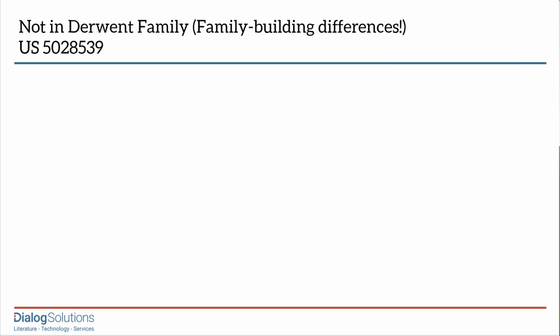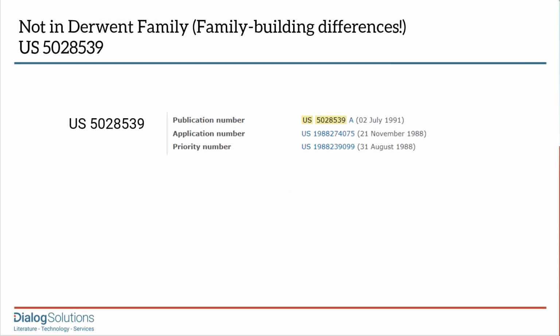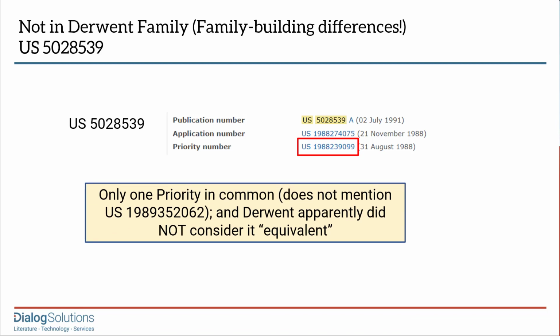5028539, there's a different reason why the Fulltext database includes it in the family with US 5 million, while Derwent does not. This patent does share one priority with US 5 million, namely the one that ends in 9099. But it does not share US 5 million's other priority, ending in 2062. So they're going to be similar patents, sharing at least part of the same technology, but they're not exactly the same.